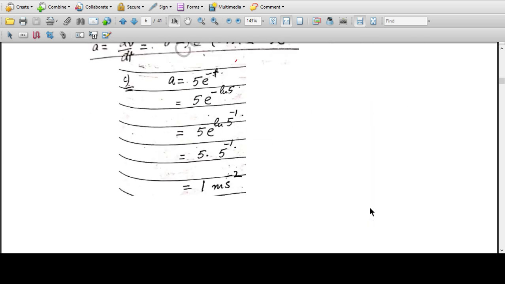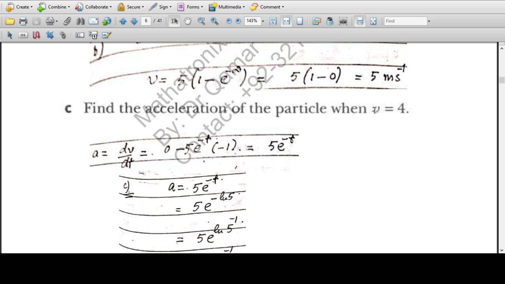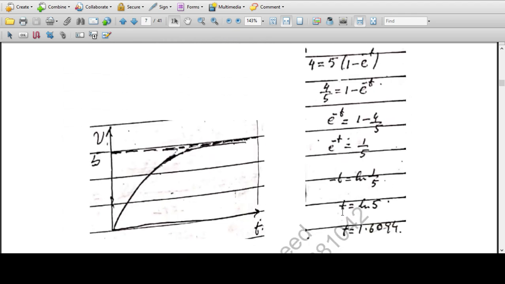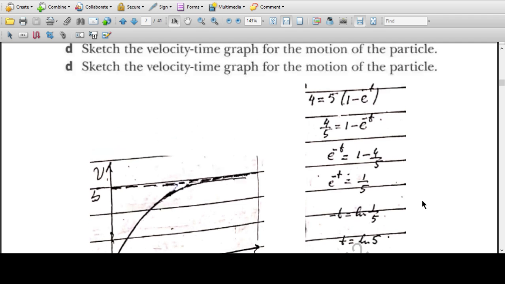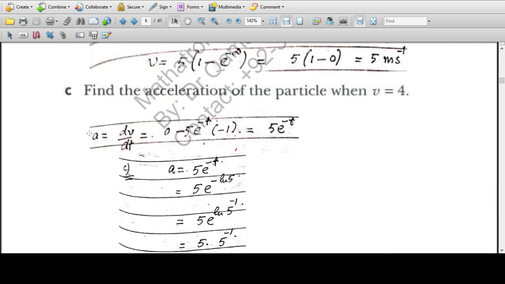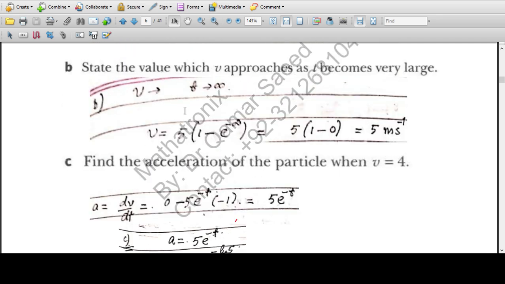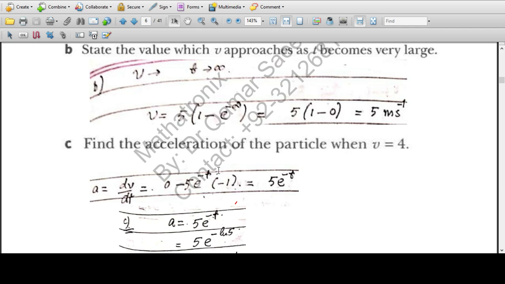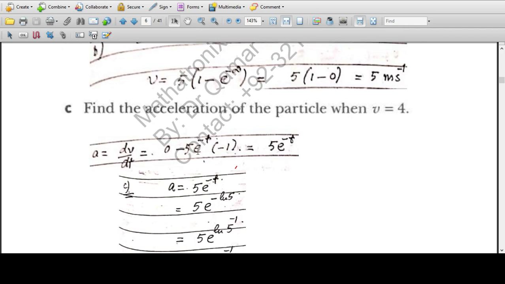So we have to find the acceleration when velocity is 4, and velocity 4 is obtained at t = ln 5, which equals 1.6094. The acceleration is dv/dt, and on differentiating, the first part becomes 0 and the second part is 5e^(−t) with a minus 1 from the derivative of −t.